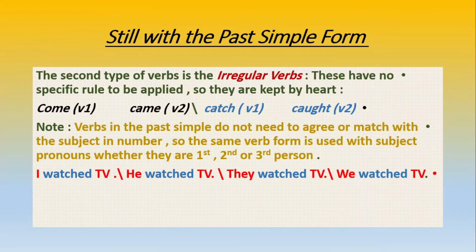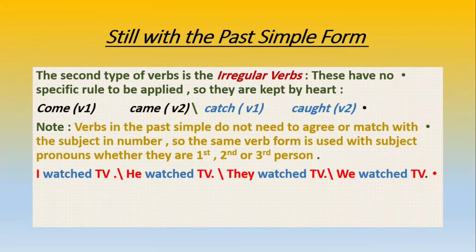Verbs in the past simple tense do not need to agree or match in number with the subject. That is to say, the verb all the time has one shape, whether the subject is singular or plural, first person, second person, third person.